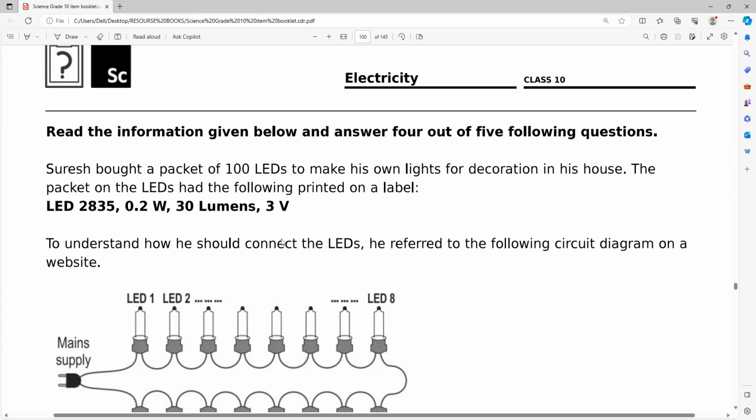Let us see. First they are saying, Suresh bought a packet of 100 LEDs to make his own light for decoration in his house.